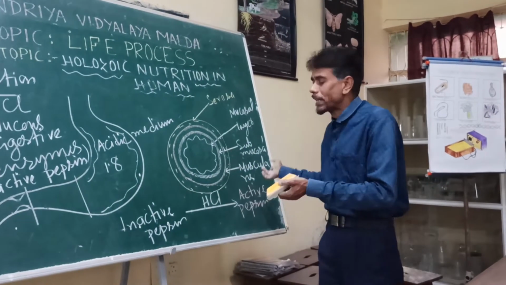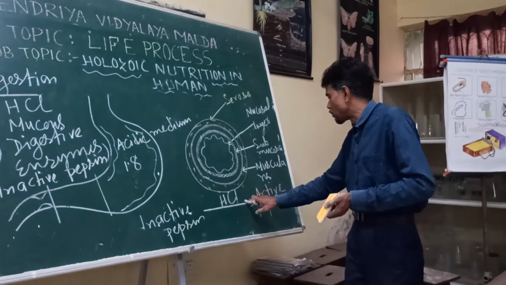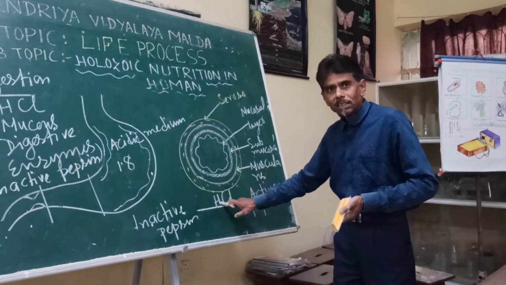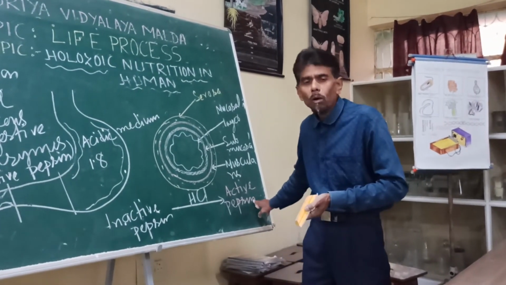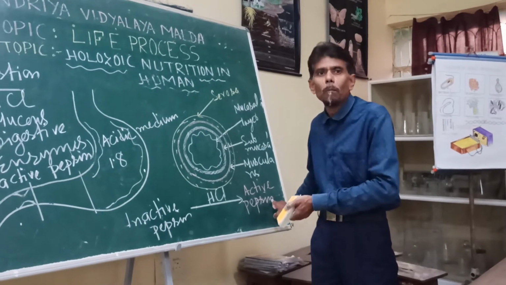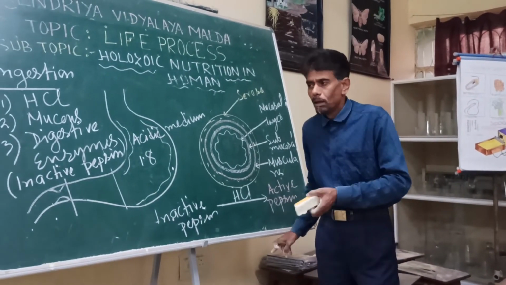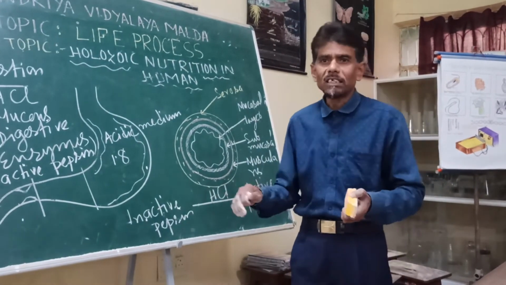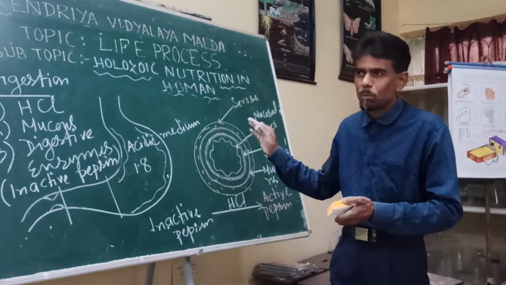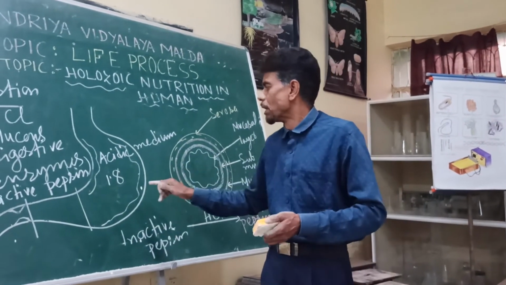And then chemically, as I told you, inactive pepsin gets converted into active pepsin by HCl, and then helps in breaking down the protein into peptone, a simpler form of protein. Complex protein to simpler form. In the case of infants, casein, we are not going to discuss because there is not much scope in your syllabus in detail.